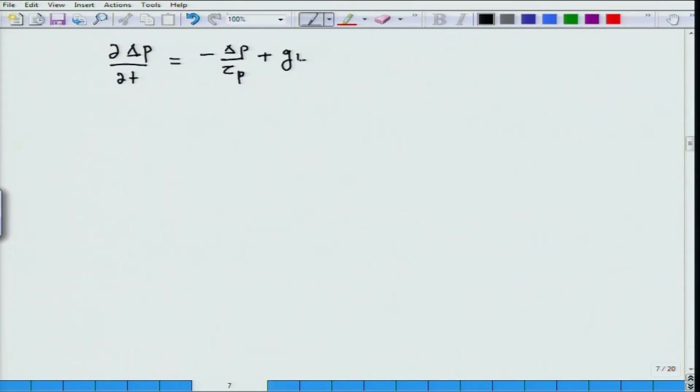Now, this is a well known differential equation which has a solution of the form: delta p as a function of time will be given by g of L tau p plus A exponential minus t over tau p.